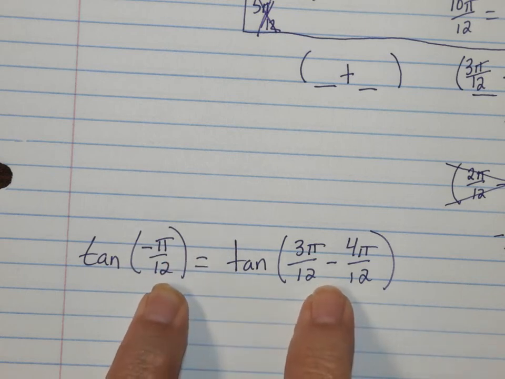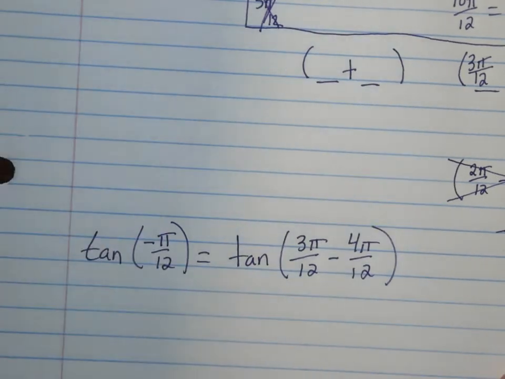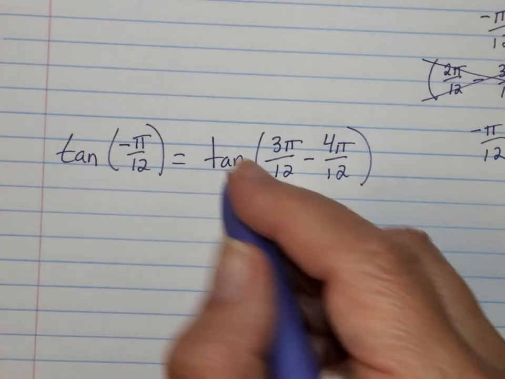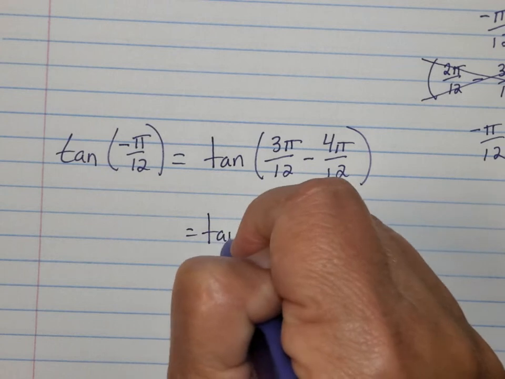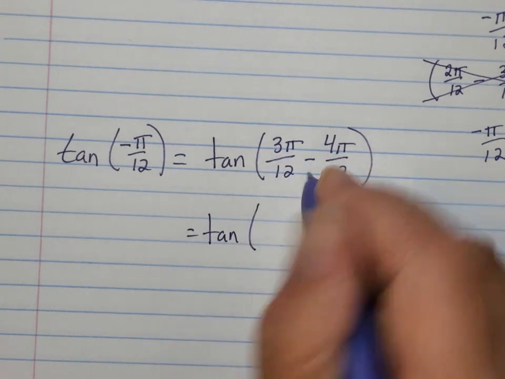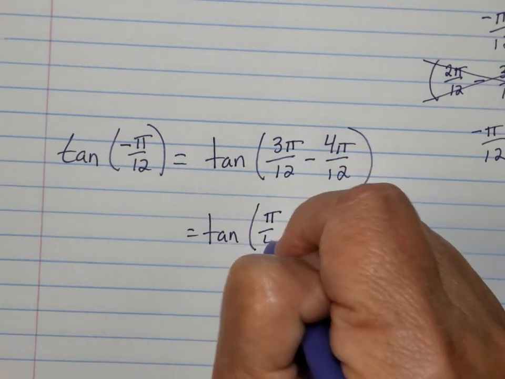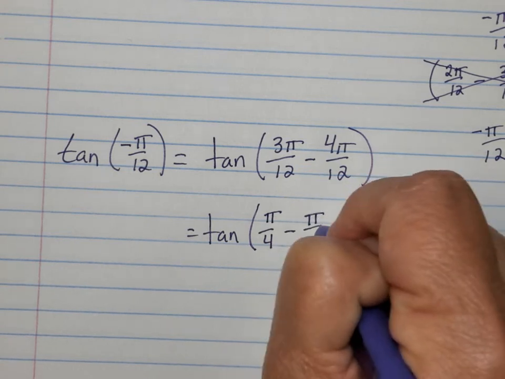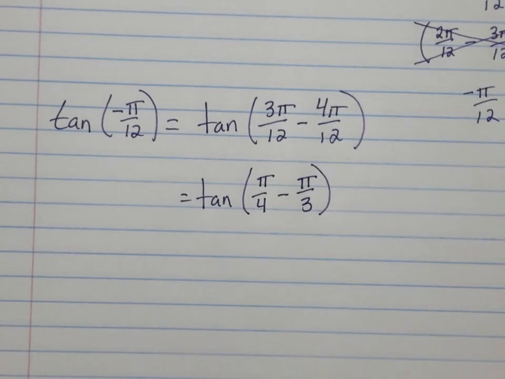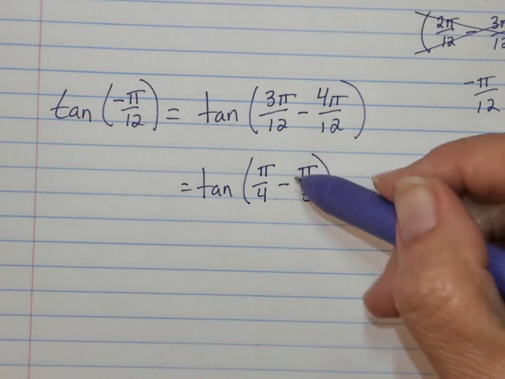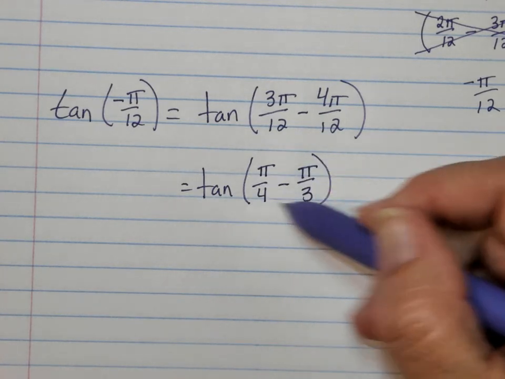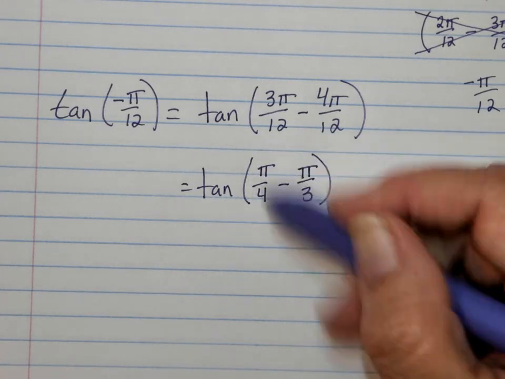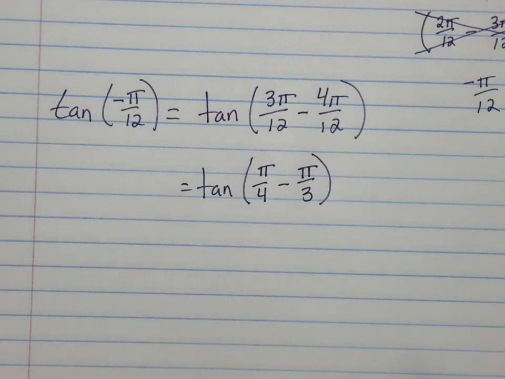So it has nothing to do with trig, it's just fractions. Alright, but before I go to my identity, I'm going to simplify my fractions. That's going to be pi over 4 minus pi over 3. And some of you might be able to put this down to begin with, right?